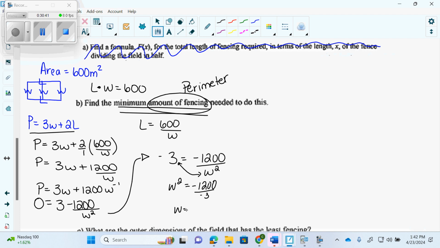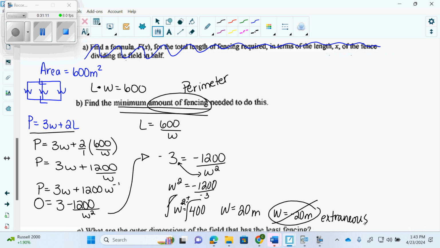And then there are still 2 zeros, so it's 400. Then I have to square root. And W equals 20 meters, and W equals negative 20 meters. Well, this one is extraneous.